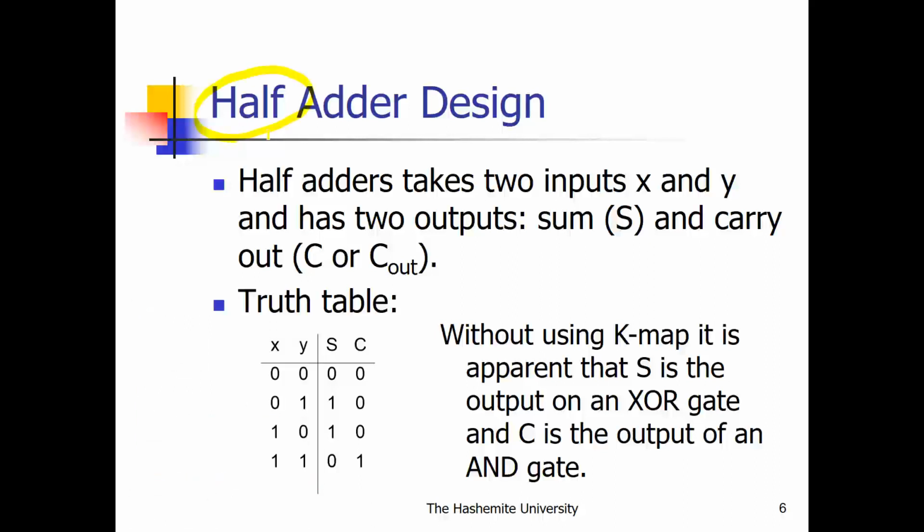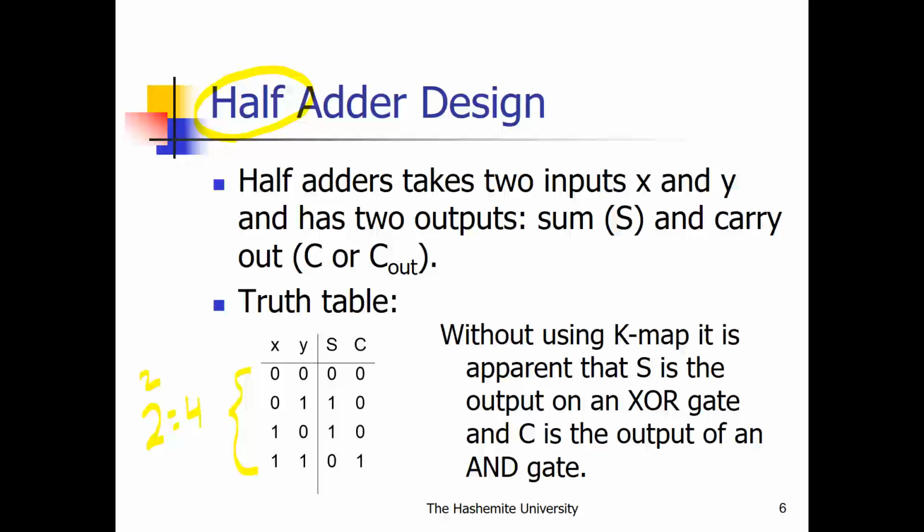The half adder truth table consists of the combinations for the inputs. In this case, my inputs instead of A and B are X and Y. And since I have two inputs, I have 2 to the 2 equal 4 combinations.